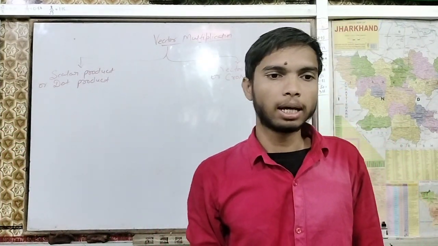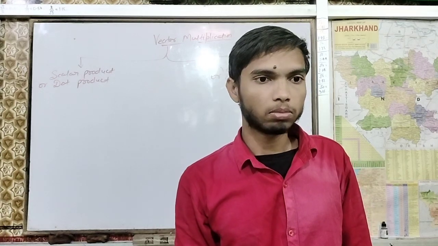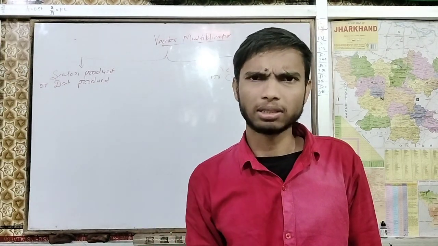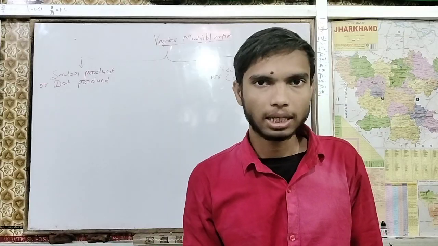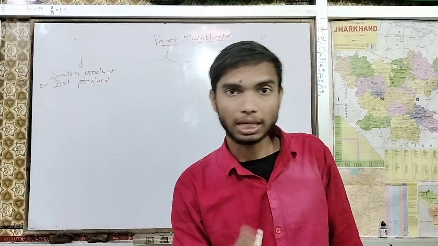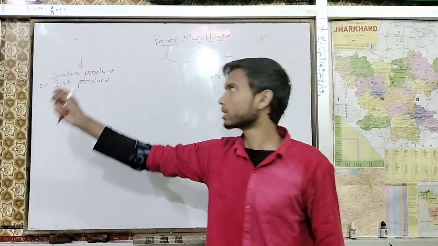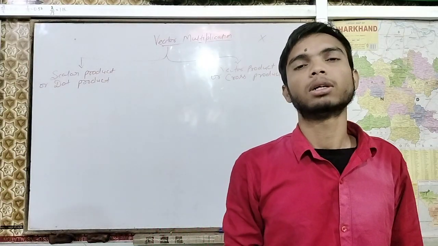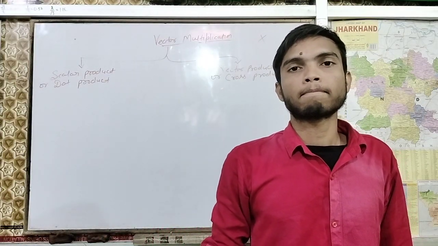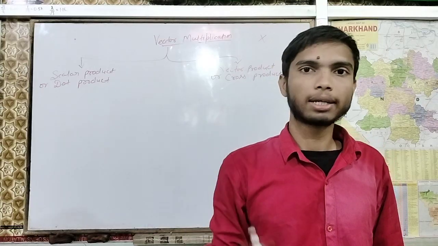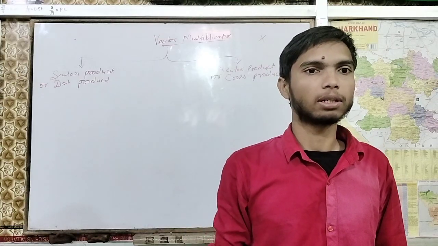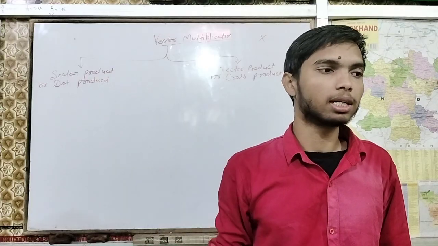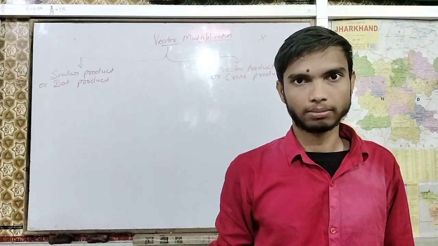But here, you take two vectors, and after multiplying them you get a scalar. In that case, you keep that part as a scalar product. On the other side, you take two vectors, and after multiplying you get a result which is a vector again.